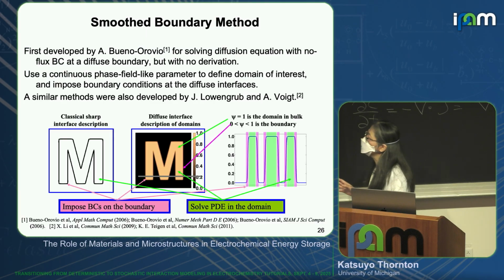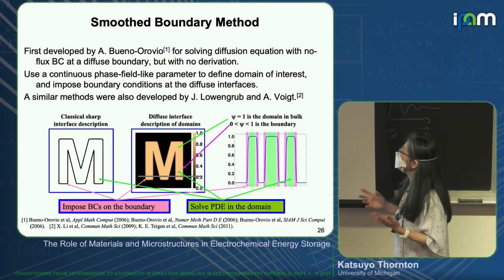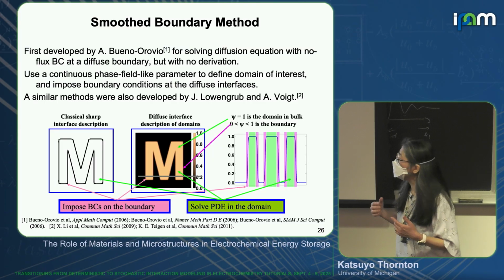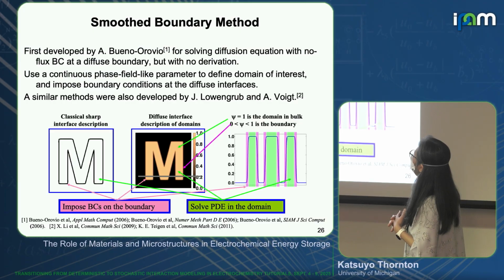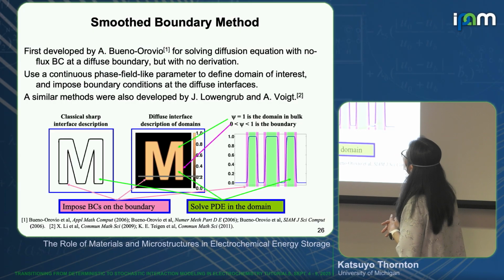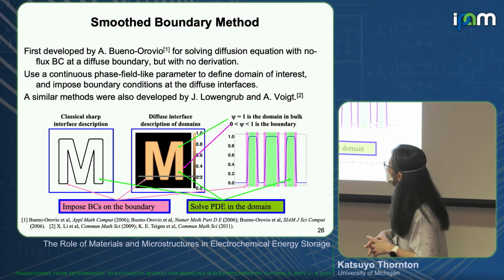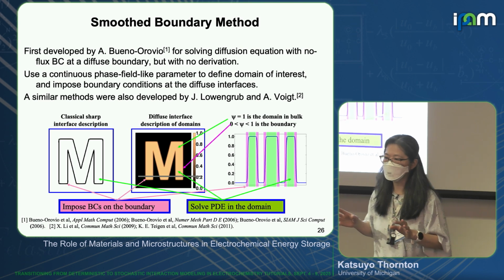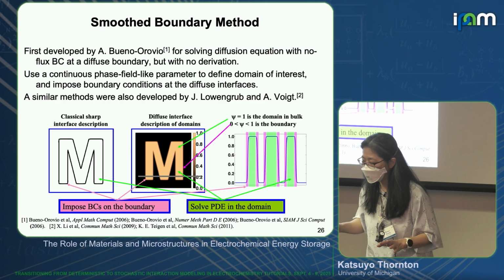What we developed is something called the extended smooth boundary method. There was a smooth boundary method that was suggested by Bueno-Orovio and others, and it was for no-flux boundary conditions only. They just wrote down the equation, and they didn't say why it worked. They just showed that it worked.